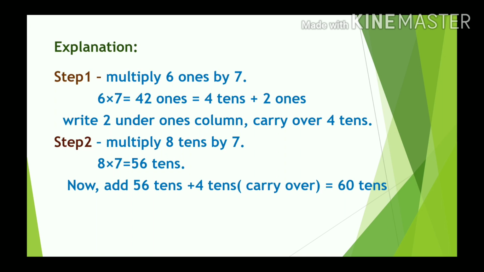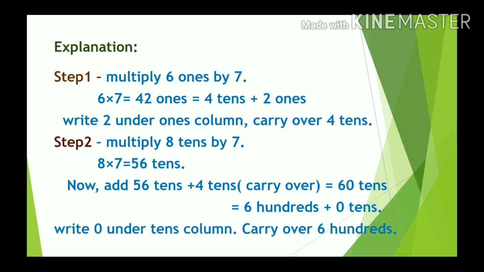Now add 56 tens plus 4 tens which was carried over. So we get 60 tens. Now 60 tens we can write as 6 hundreds plus 0 tens. Write 0 under the tens column and carry over 6 hundreds to the hundreds column.